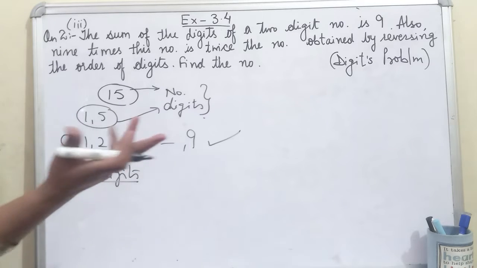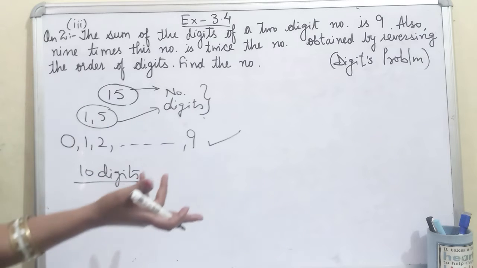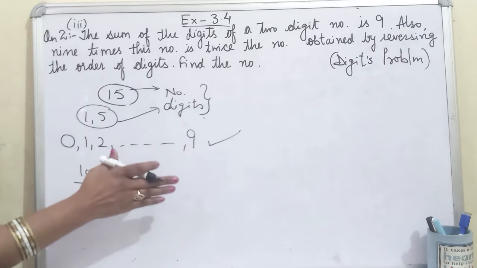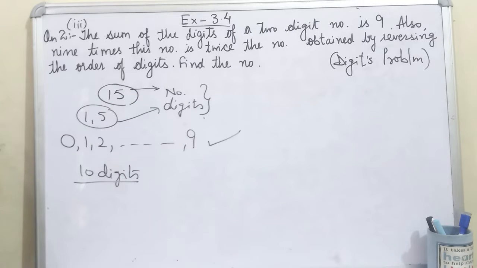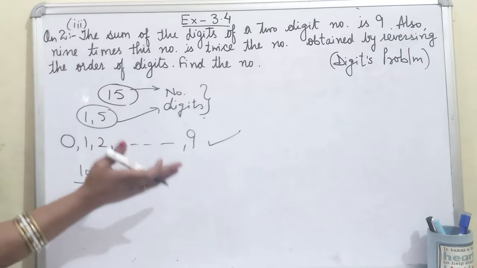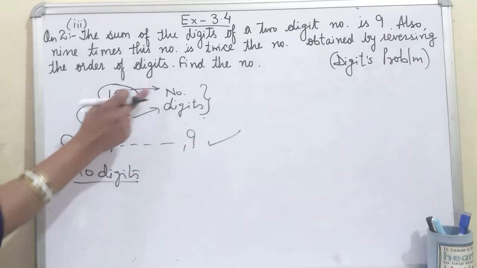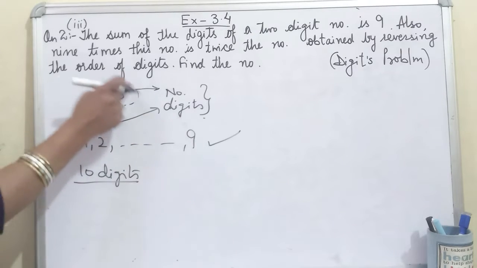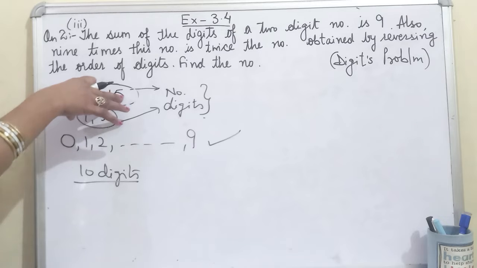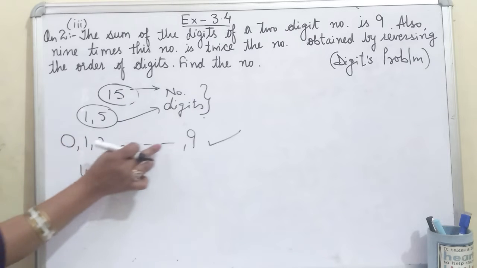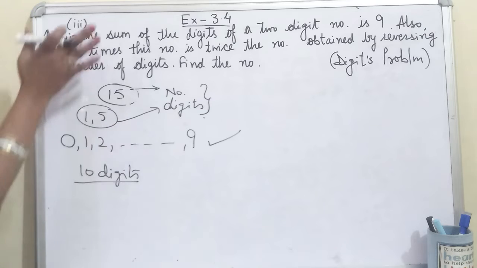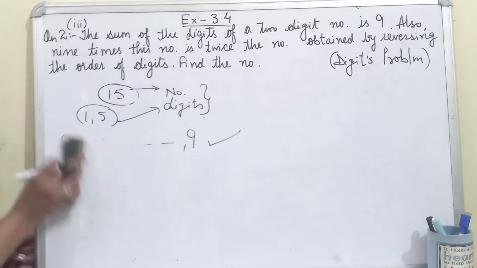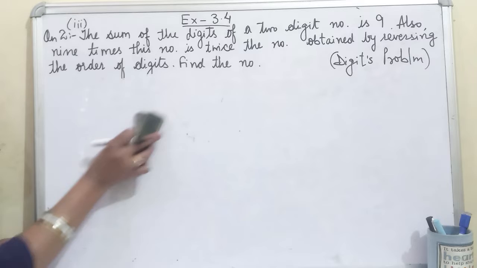You can give so many examples: 100 is a 3-digit number but it is a number. Suppose 29, 76, 2-digit numbers; 85, 79. So the number means which is formed by using the digits, and digits means 0 to 9. This should be clear to you so that your question will be easier.